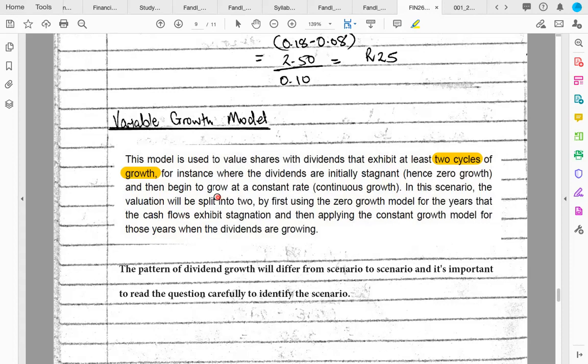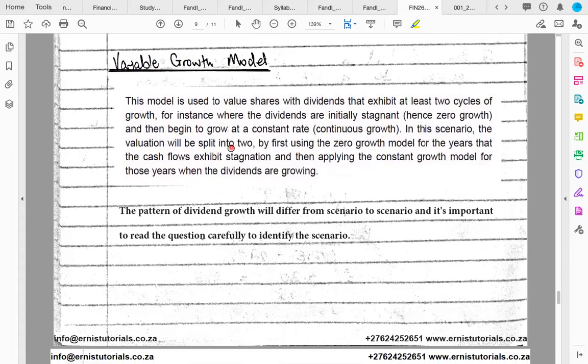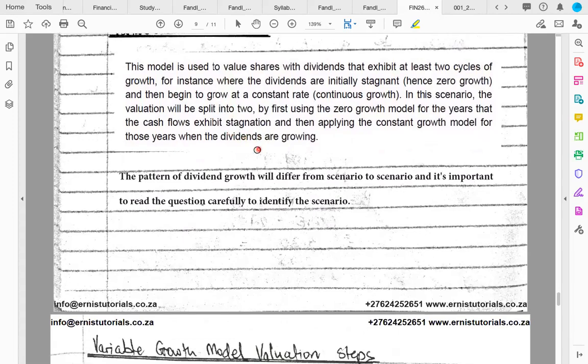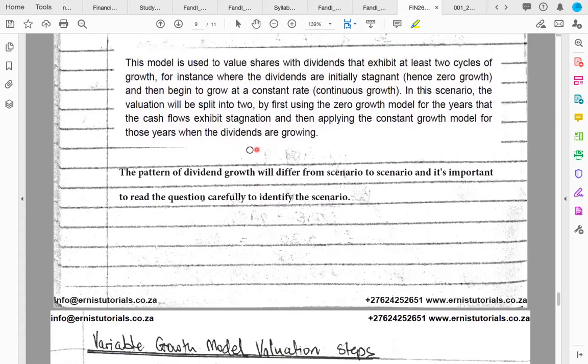Okay, so I've described it in words, but we're going to look at a question to illustrate what we mean. So the basic idea here is that our growth rates are variable. We don't have a fixed growth rate. Rather, we have different growth rates over different time intervals going into the future.